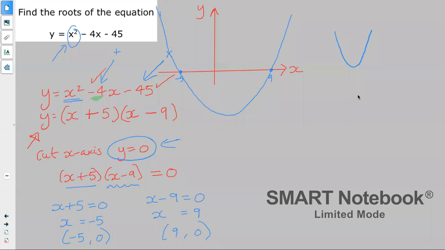If it was asking you to do this, which is not in this question, they would want a wee bit more working, because they would want you also to find out where it cut the y-axis, or the y-intercept. Again, you would do that by substituting x is 0 in there. Okay, move on.